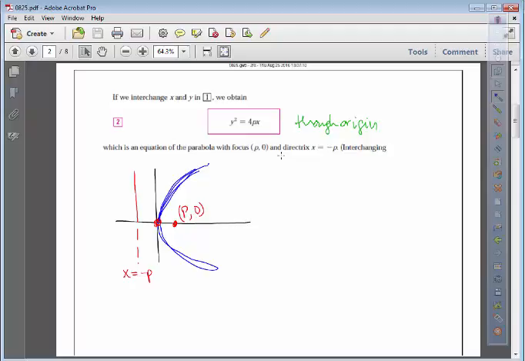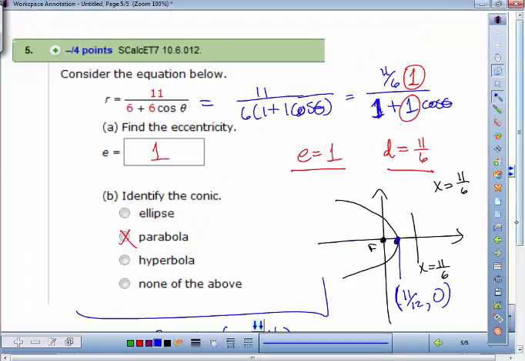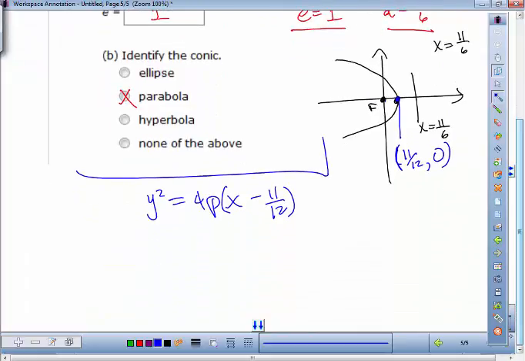But let's see if we can, I don't know, should we try to punch through that? What do you think? I think P could be 11 over 6, because of the shift. Is that what you said?